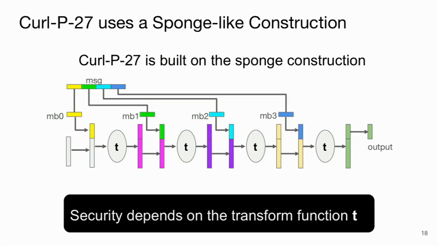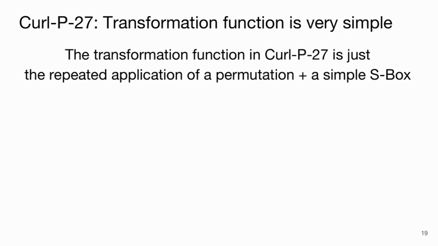The important detail is that when you hash a message, you break it into message blocks, and then you process the message blocks with this transform function, and then your final output is the final transformed value. And so the important takeaway here is that the security depends on the security of this transform function.